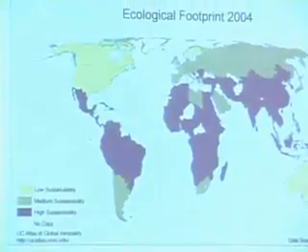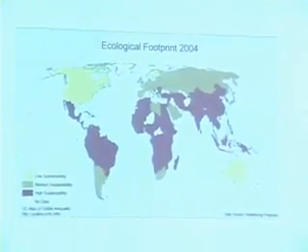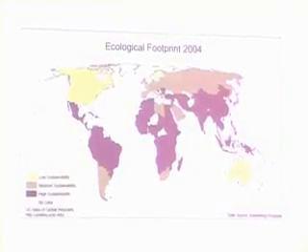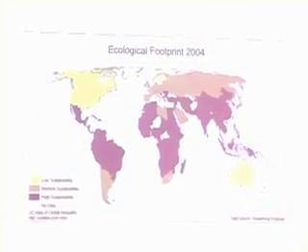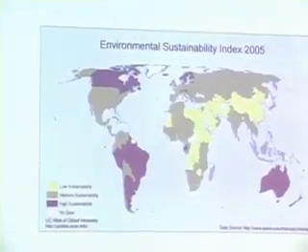These are the maps we found. So the blue is high sustainability, the yellow is low sustainability. This suggests that the industrialized world cannot be sustained, but the third world or the non-industrial world can. This is the ecological footprint. If you look at the Environmental Sustainability Index, it's almost the reverse.